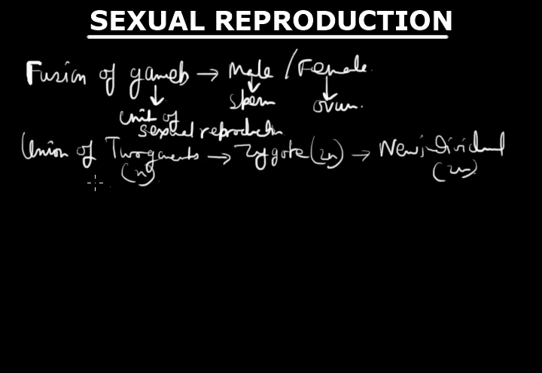Anyway, now we come to the types of sexual reproduction. What are the types of sexual reproduction? First of all, there are normally two types of sexual reproduction. One is syngamy.